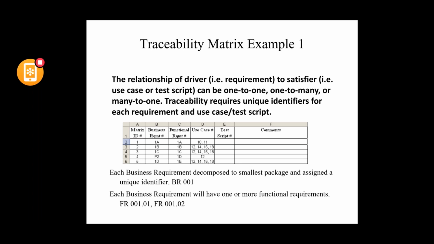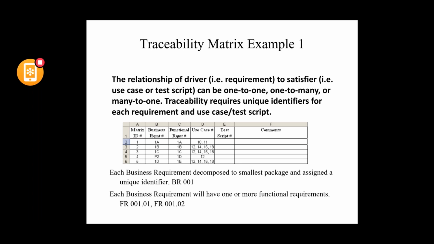So for each business requirement, you will have a unique identifier like BR001, 002, 003, etc. Each business requirement will have one or more functional requirements, and to identify the requirement properly and put the connectivity properly, you put unique references like FR001.01, 001.02, which says that these functionalities are derived from BR001.